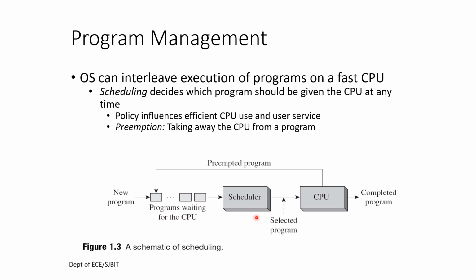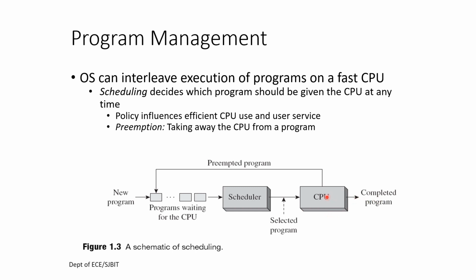The scheduler selects any one program from the queue, and that selected program is given to the CPU for execution.